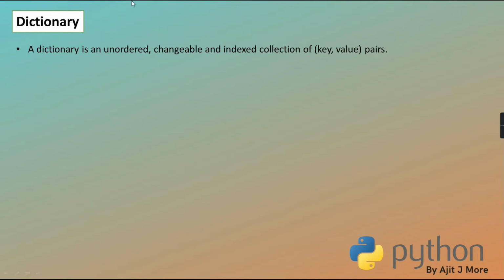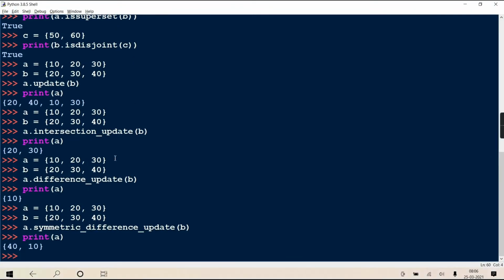Okay, now we'll see how to create a dictionary. Creating a dictionary is very simple. You just have to list out all the elements in a pair of curly brackets, same like set, but every element is a key value pair, so you have to separate it by a colon sign.